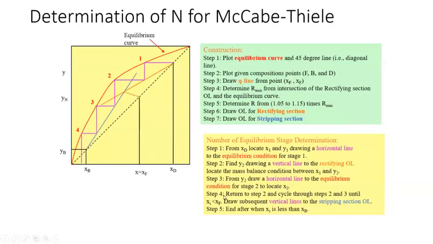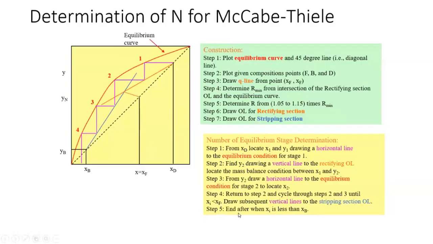And next is return to step 2 and cycle through steps 2 and 3 until xi is less than xf. Draw subsequent vertical lines to the stripping section and continue.